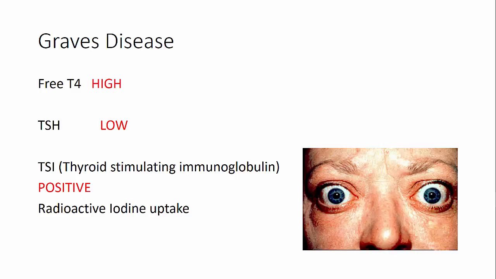Another assessment of thyroid function and anatomy is to give the patient radioactive iodine and then look for where the radioactive iodine shows up in the gland. For Graves' disease, the radioactive iodine uptake would be high and the uptake would be diffuse across the entire gland.